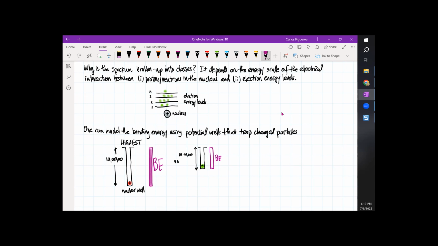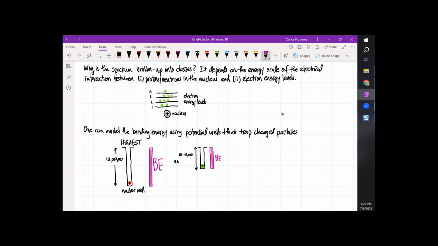We're talking at least a factor of 1,000,000 times. So how hard is it to actually get some of these? Well, if you can get to 10 million electron volts, you can eject a proton out of the nucleus. If you get somewhere between 10 to 10,000 electron volts, you can eject electrons out of the atoms.